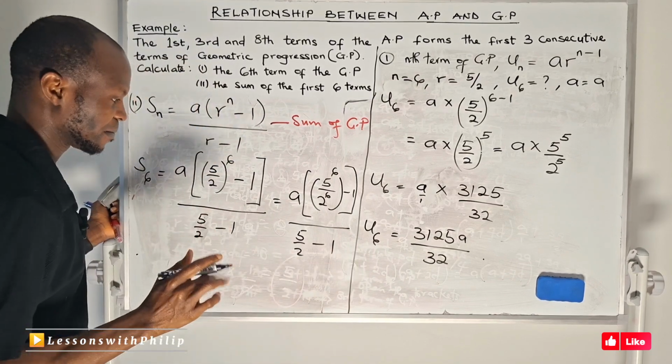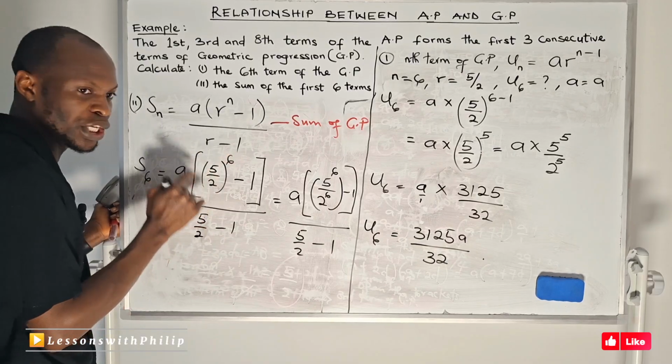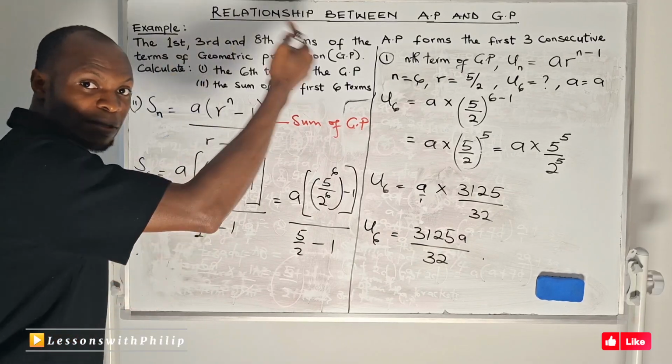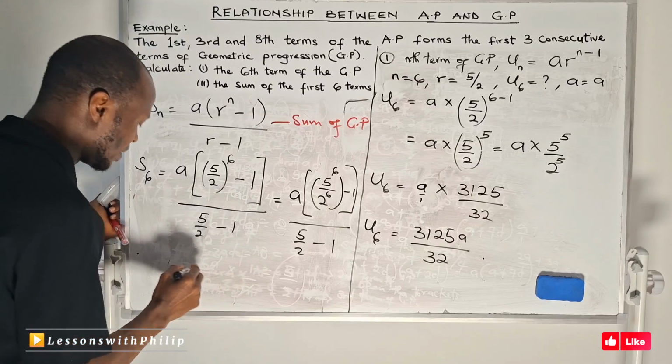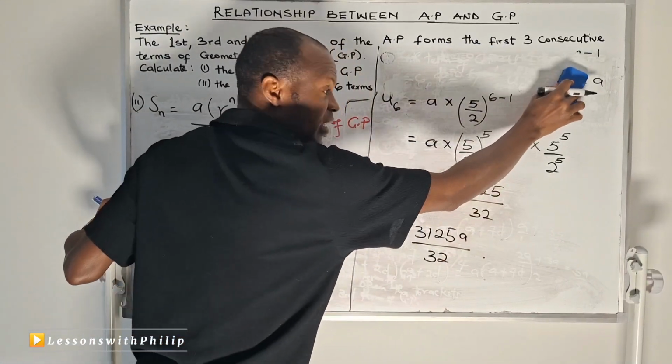Do you get it? So when a fraction has a power, it means both the numerator and the denominator have the power. Now this is the same. Allow me to clean this side now. You should be done with this side, right?